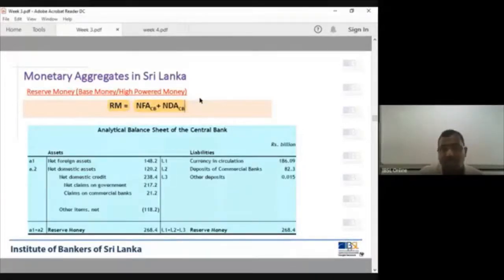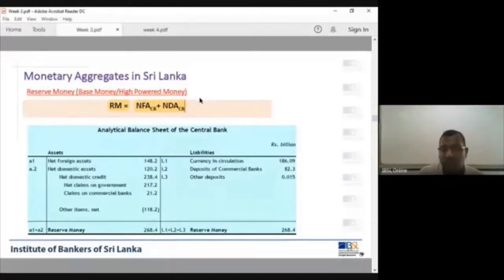Now, these days we are talking about excessive money printing by the central bank to support the economy. What the central bank has done, starting from March during this pandemic period, is print more than 300 billion in new money to support economic activity.